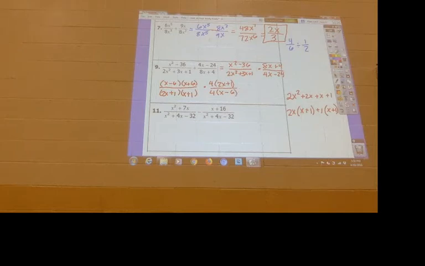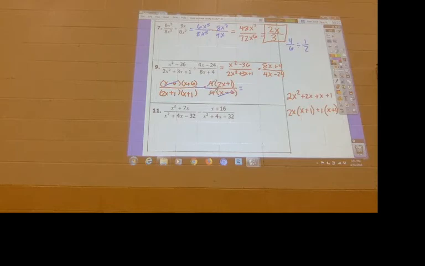Now I can say, well, all this is being multiplied together. Do I have an x minus 6 on the bottom to cancel? Yep. Do I have an x plus 6 on the bottom to cancel? No. Do I have a 4 on the bottom to cancel?